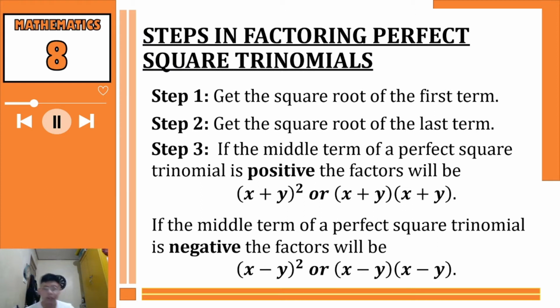If the middle term is negative, then the factor will be the square of the difference of x and y, or the quantity of x minus y times the quantity of x minus y. So let's have some examples.